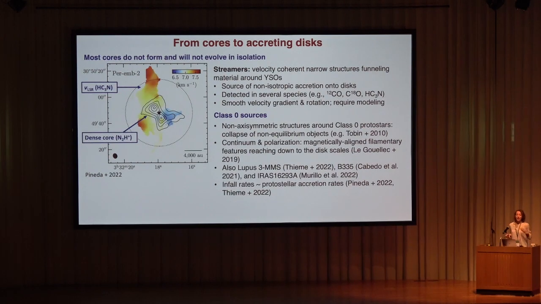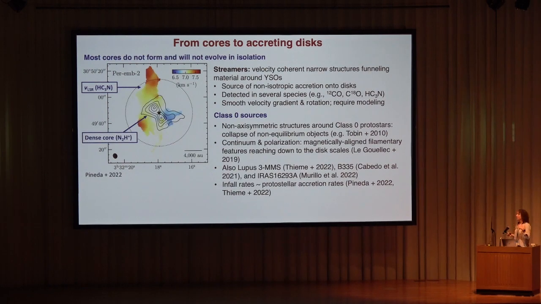There have recently been a number of observations of streamers. These are velocity coherent narrow structures funneling material around YSOs. And again, this would be a source of non-isotropic accretion onto disks. So we have accretion onto cores, perhaps accretion onto disks. It's been detected in multiple species, and this requires modeling to confirm.